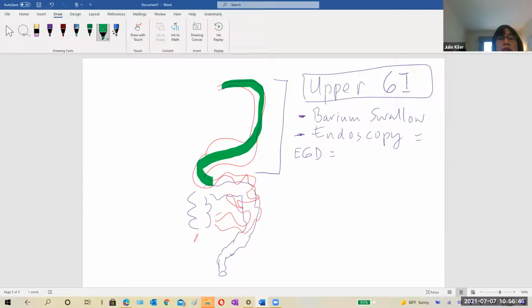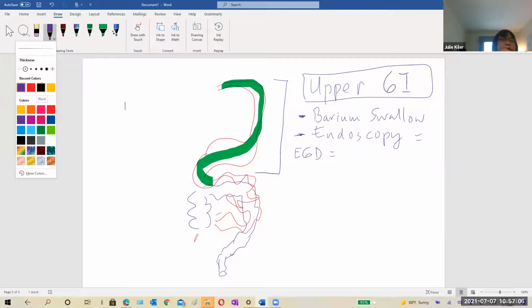It doesn't go to the jejunum or ileum. Why? Because they're so convoluted. We don't want to poke that and eventually puncture it because we're not really sure of the direction. So it's very dangerous, and there's no way of doing endoscopy on that.